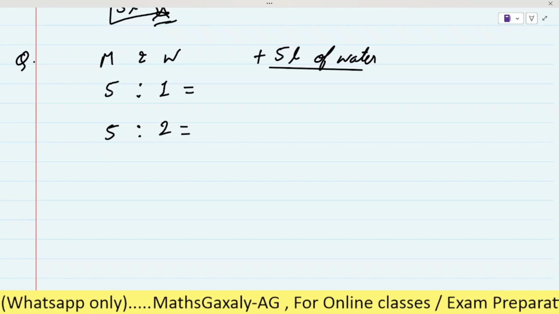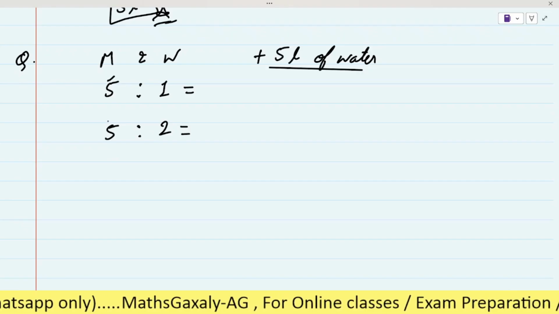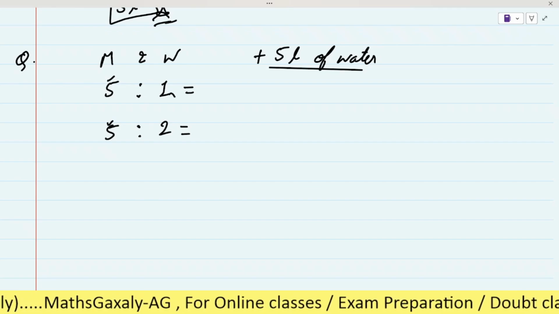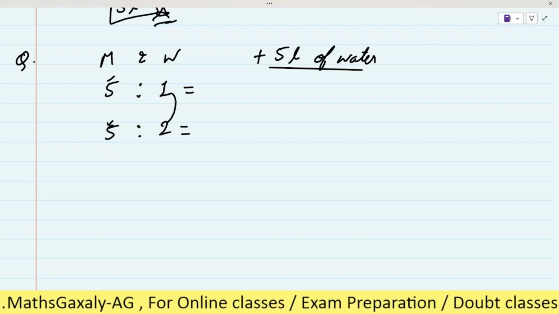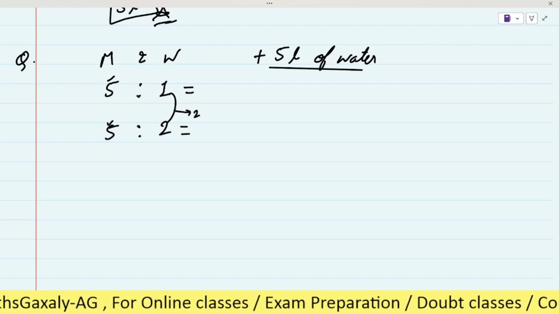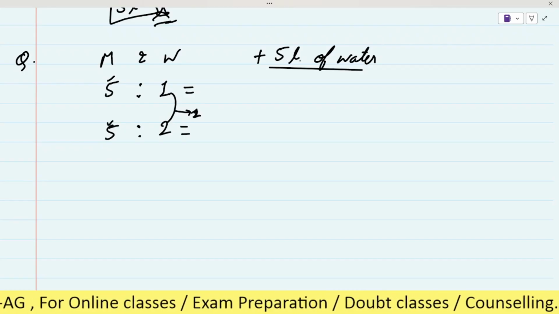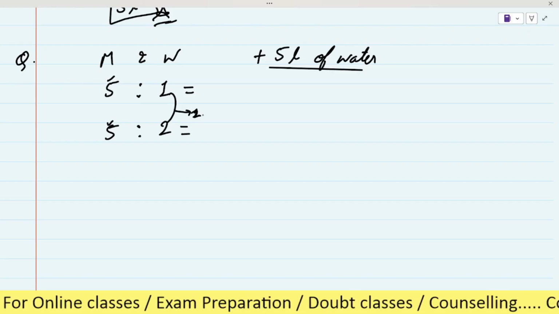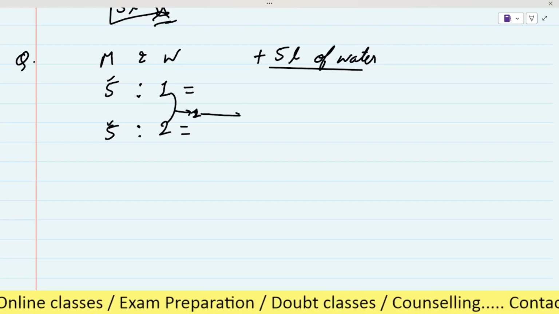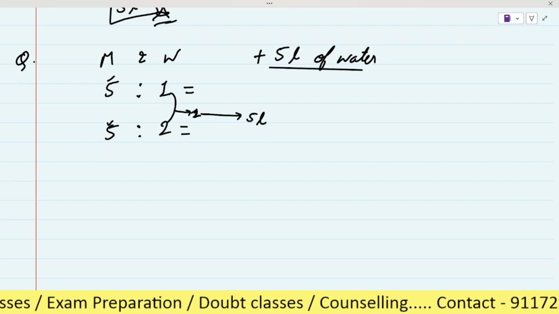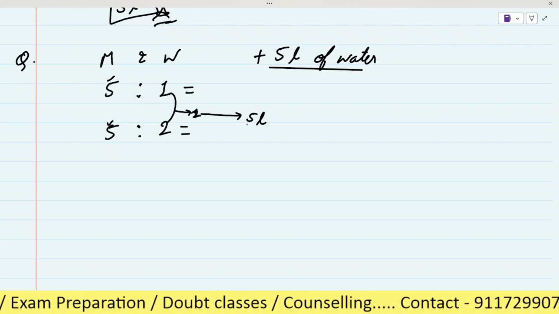In the ratio you can also see, initially it was 5 and after the operation it is again 5. But here water is increased by 1, right? And as we know that here 5 liter water has been added, it means the value of this 1 unit is 5 liter. We have to find the quantity of milk in the mixture.